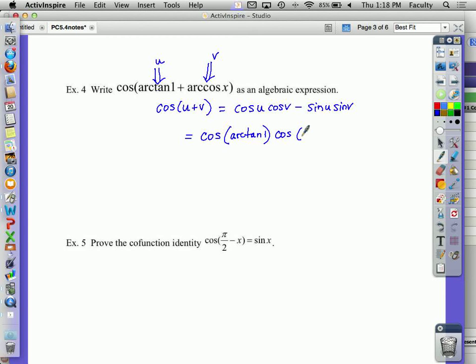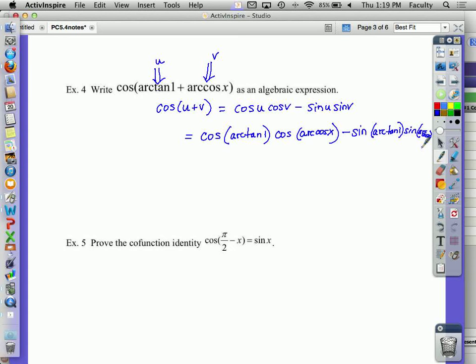Cosine of v is cosine of arc cosine x, minus the sine of u, which is the sine of arctan 1, and then the sine of v is the sine of arc cosine x.